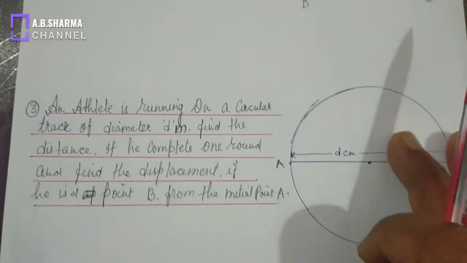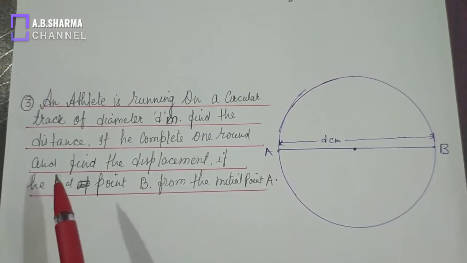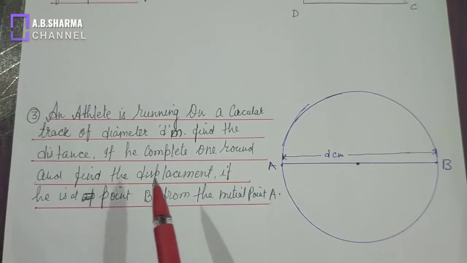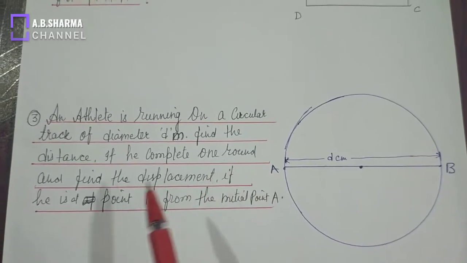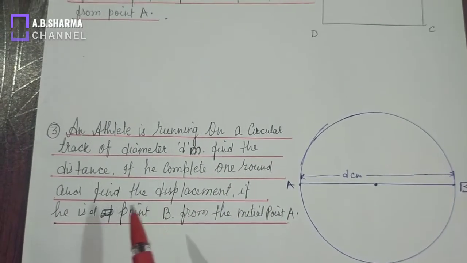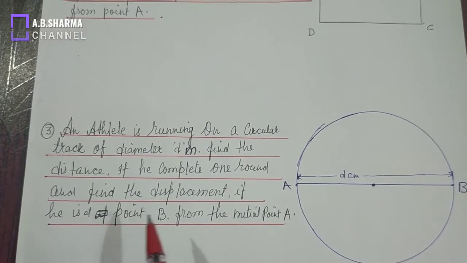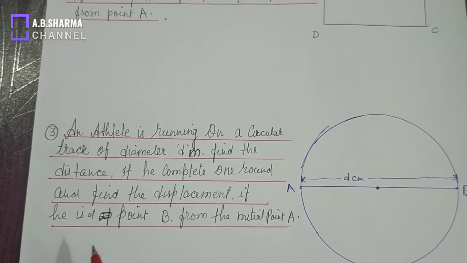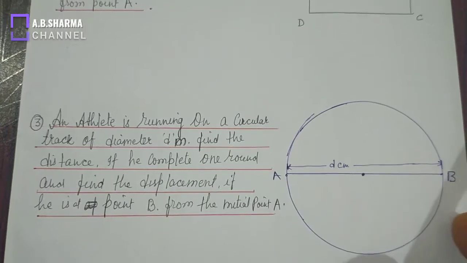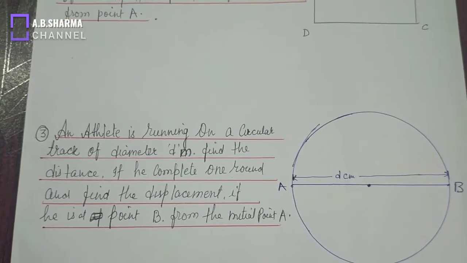And question number three: an athlete is running on a circular track of diameter d meter. Find the distance if he completes one round, and find the displacement if he is at point B from the initial point A. So these are the three questions, you first try to do yourself.